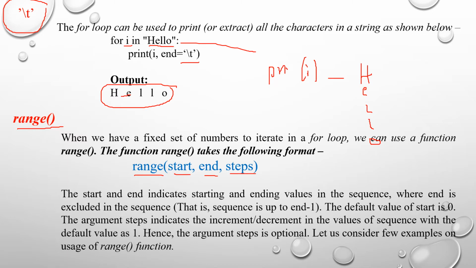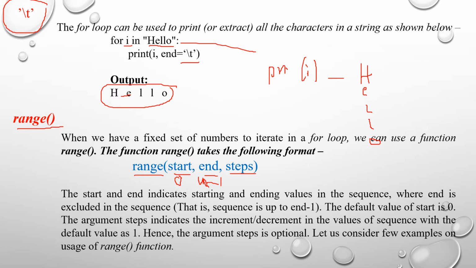Here the start and end indicate the starting and ending value in the sequence, where the end value is not included, that is, the sequence goes up to n minus 1. The default value for start is 0 and the end value is n minus 1.